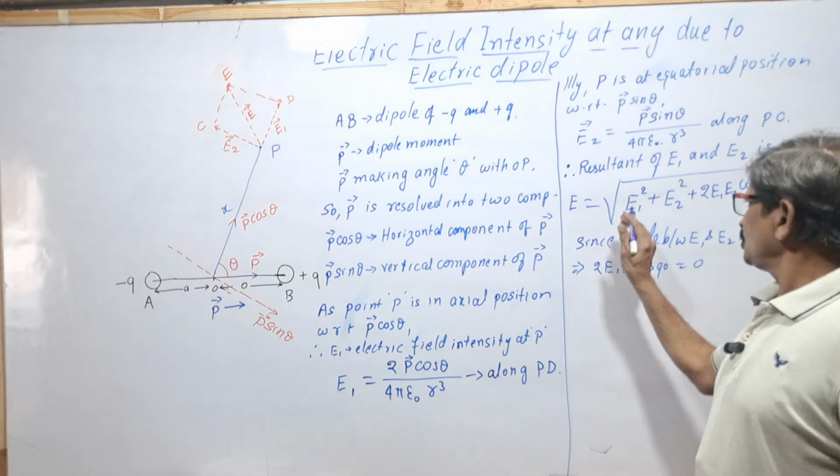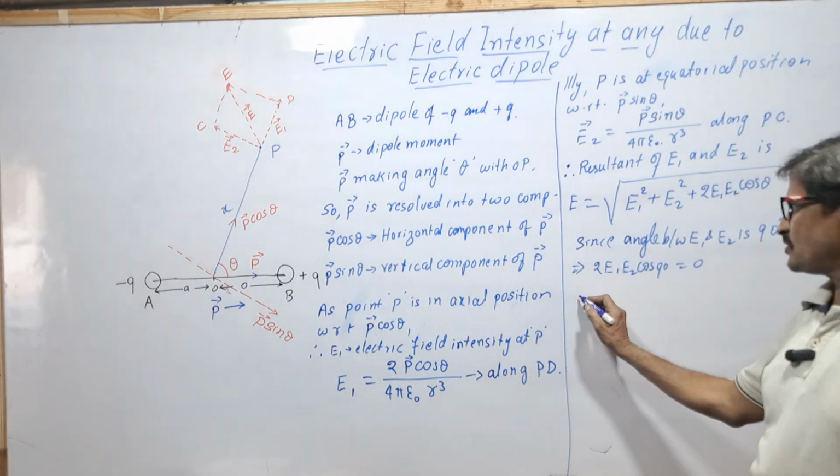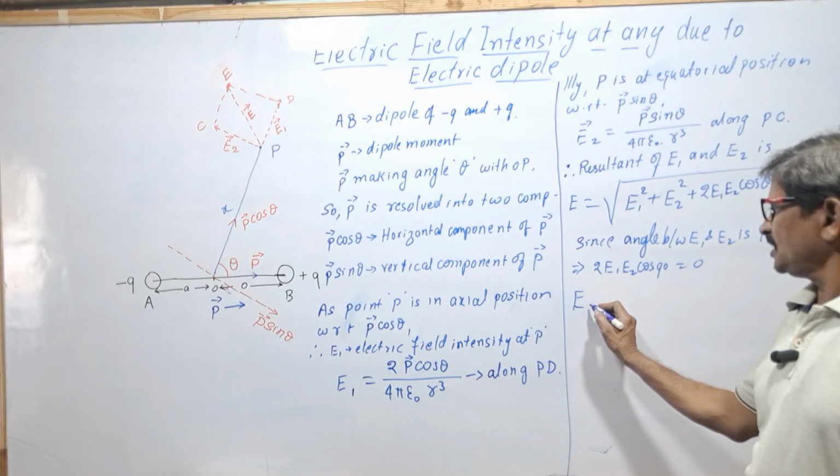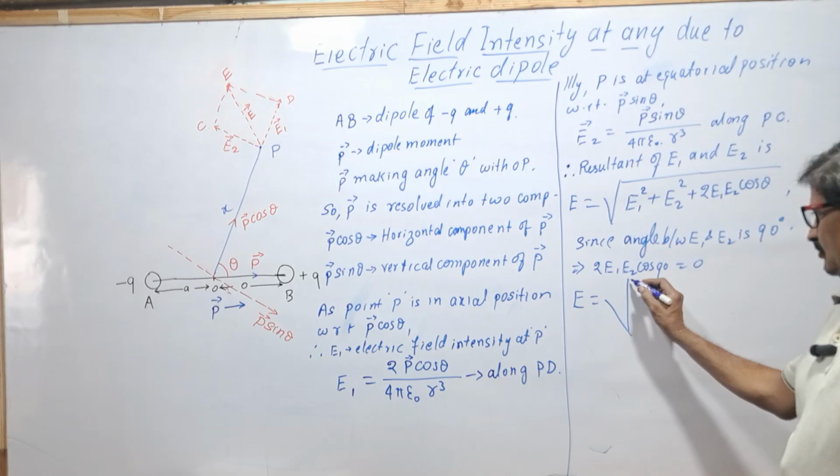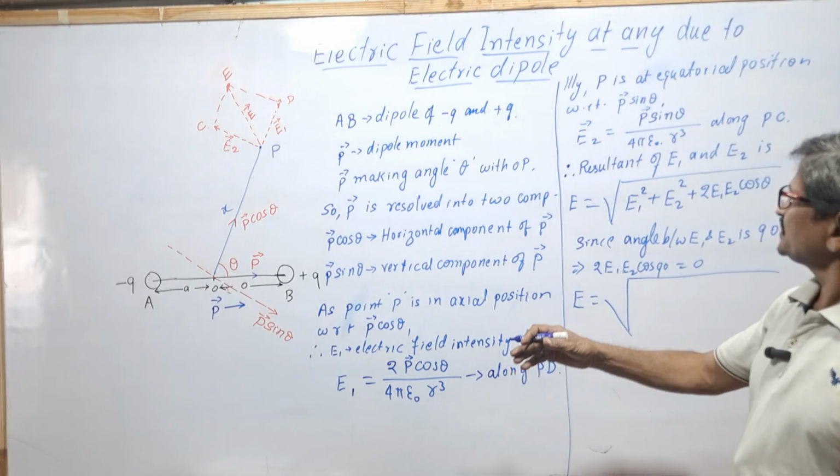So only these two terms remain in the square root. Therefore E is equal to the square root of E1 squared plus E2 squared, and we substitute their values here.